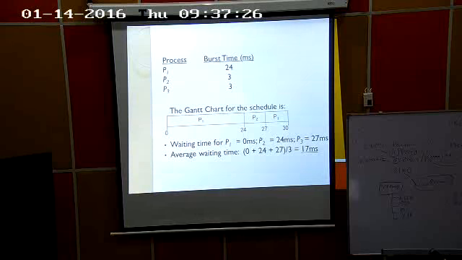This is the Gantt chart for your job. That one job has a lot of processes, like in paging or segmentation. One main job with several pages or several segments.